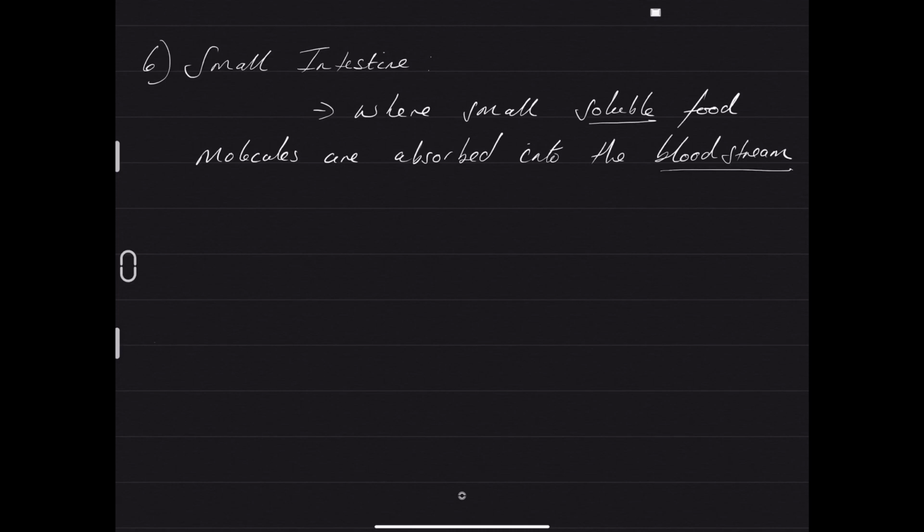Now what's important to note here is that the small intestine is adapted in a specific way for this absorption to occur. This is because the small intestine is covered in finger-like projections known as villi.